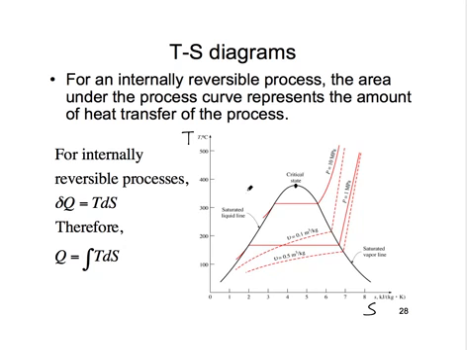Then to the left of the slope is compressed liquid, and this left slope is the saturated liquid line. The right-hand slope is the saturated vapor slope, and to the right is superheated vapor.